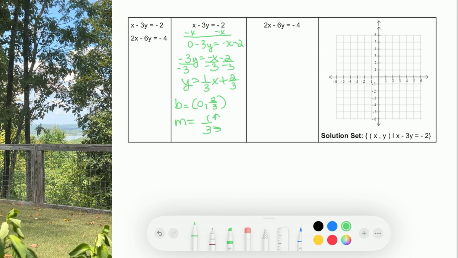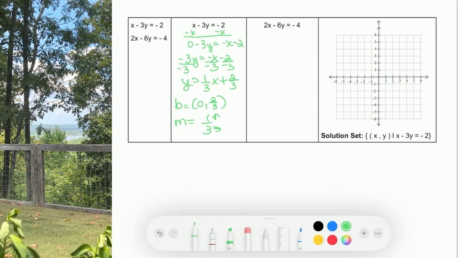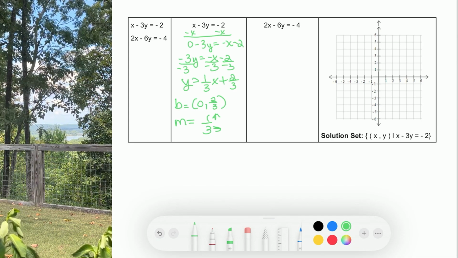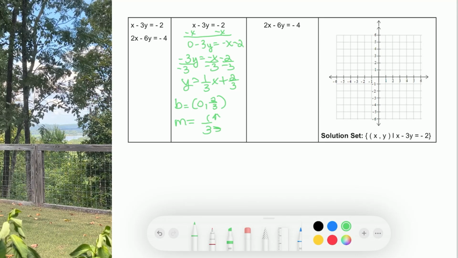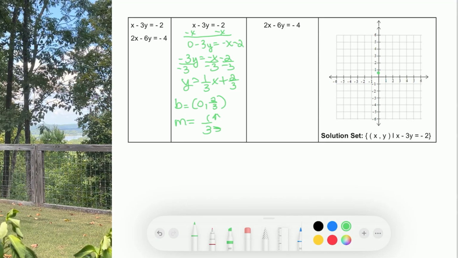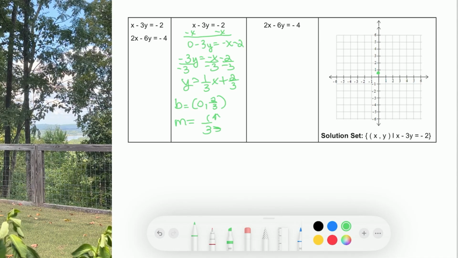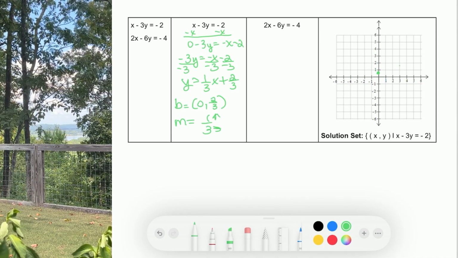All right. So I'm going to go up 2/3. That's almost to 1, but not quite 1. So it's about right here. And then I need to go up 1 and then over 3. So I'm going to be roughly right here.